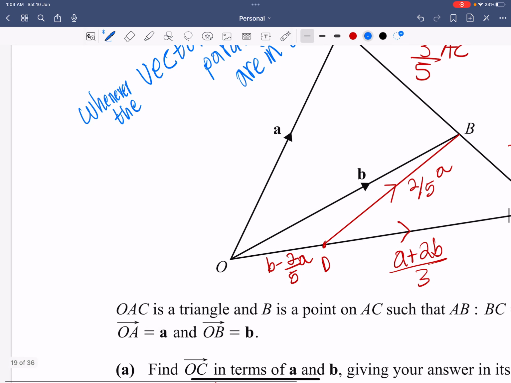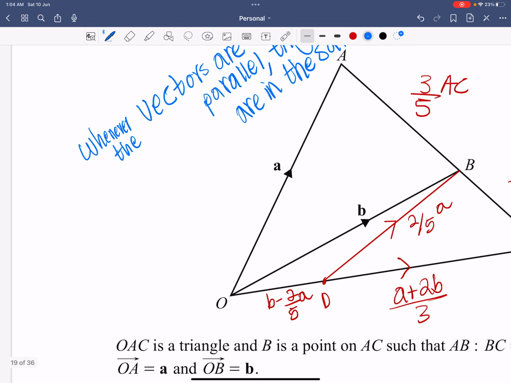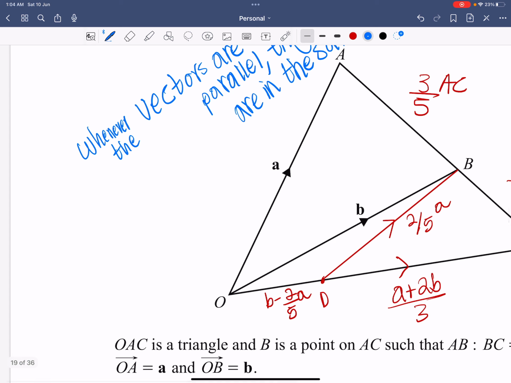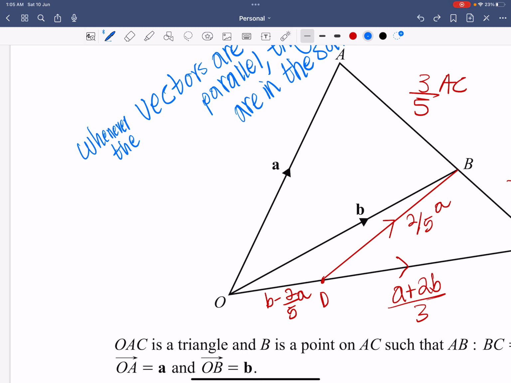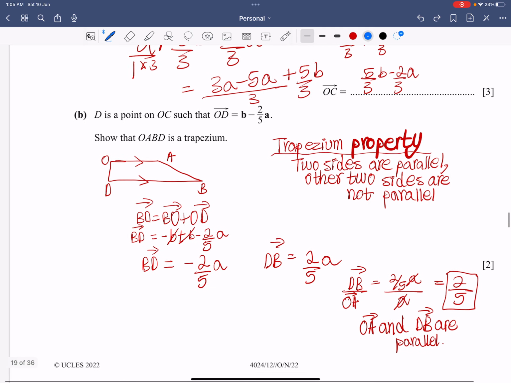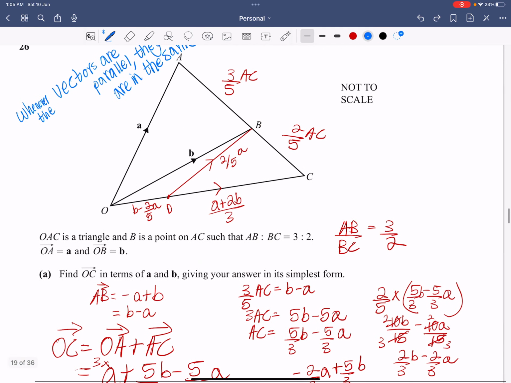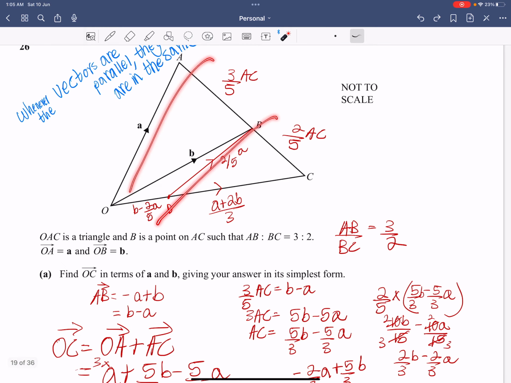What do I mean by that? If suppose a vector was a, a vector parallel to it would be 5a. So the vectors will be in the same ratio. Now let's do the question, because the trapezium has two parallel sides and the other two sides are not parallel, and by observation you can see that this side and this side are parallel.